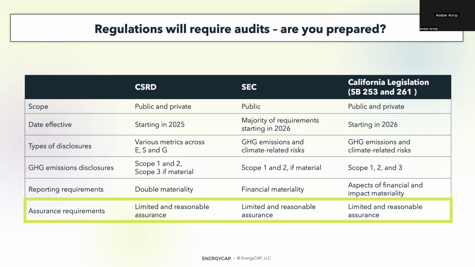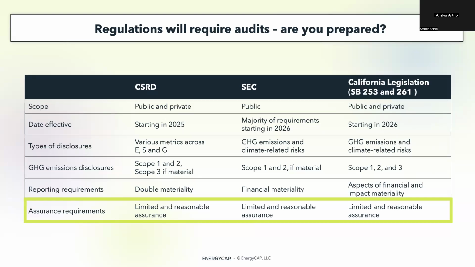What's really important to note here, at the bottom, is the assurance requirements. Across all three of these regulations, there are limited and reasonable assurance requirements. What does this mean? Reasonable assurance means that you will have to have your data audited by an auditor, a third party, and they will need to affirm that the information in your carbon emissions reporting is materially correct.